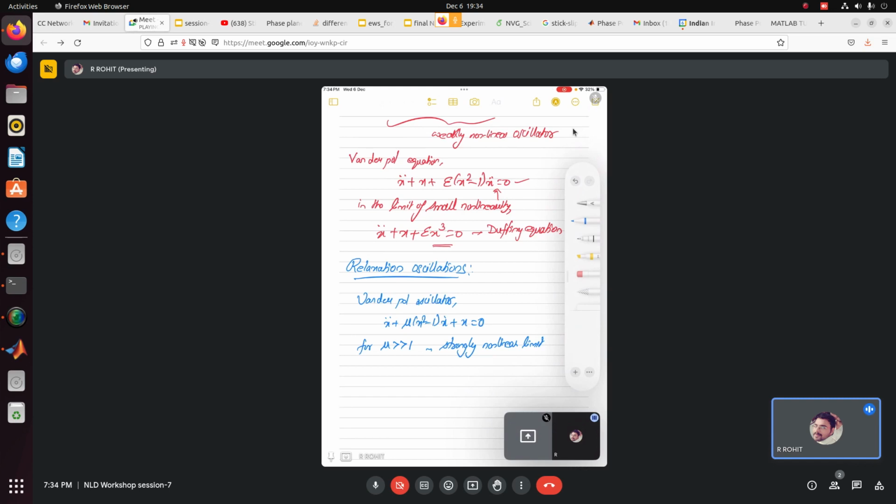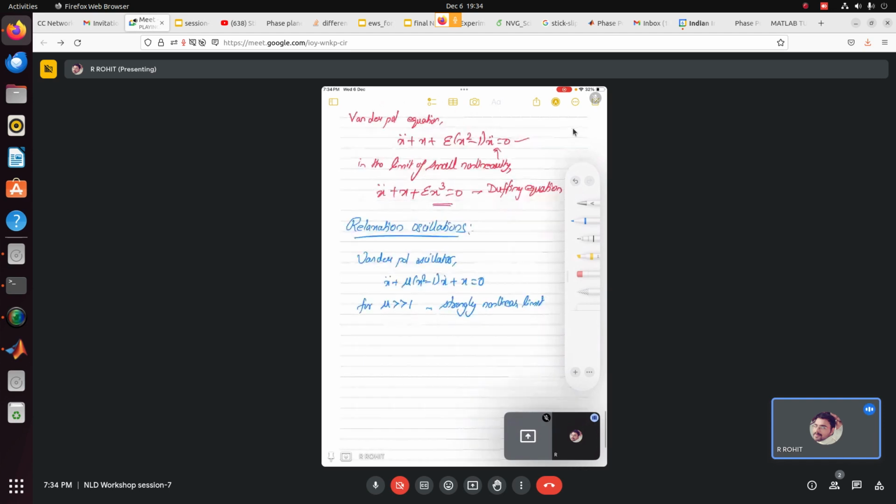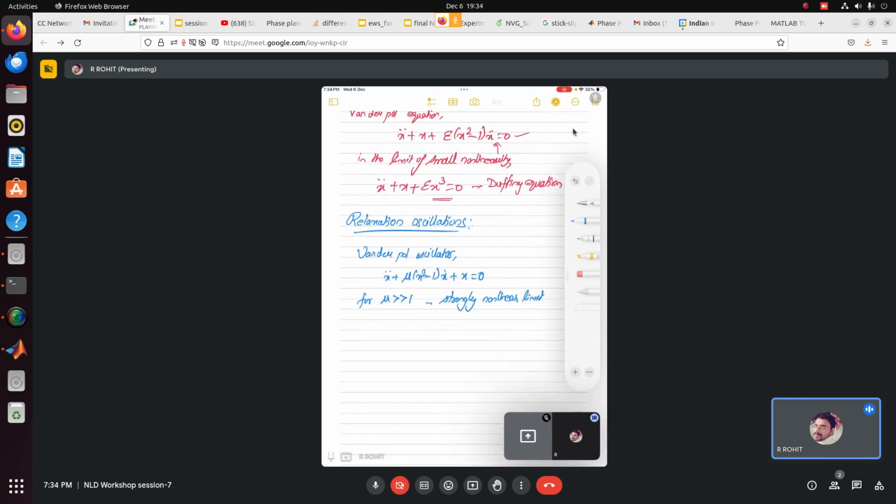For the case where nu is much greater than 1, the strongly nonlinear limit is the region we are considering. In these cases, we see that the limit cycle consists of an extremely slow build-up followed by a sudden, rapid discharge of the energy present in the system. This kind of slow build-up and rapid discharge is usually referred to as relaxation oscillations.